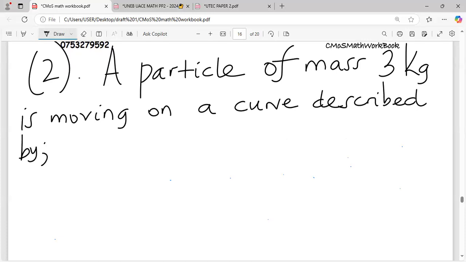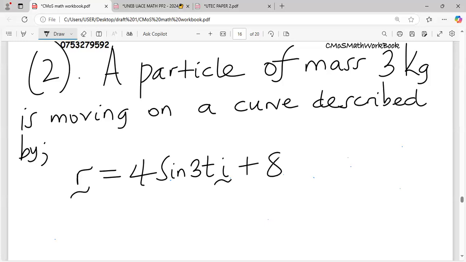Described by r equals 4 sin 3t i plus 8 cos 3t j. I want to see whether people can actually apply that knowledge. Applying knowledge of trig and knowledge of what has been taught today. That would be a success.